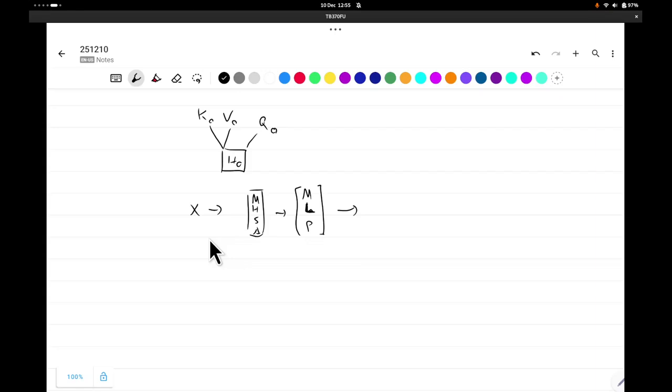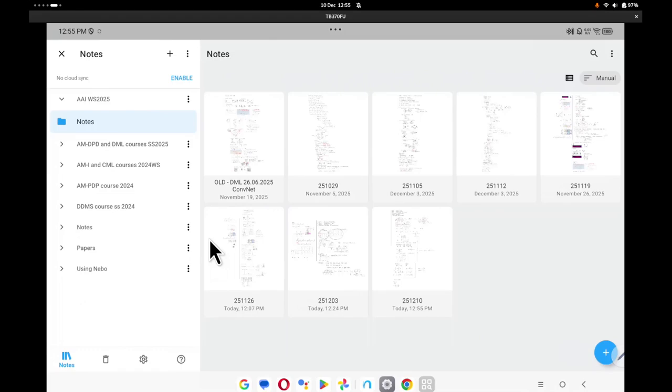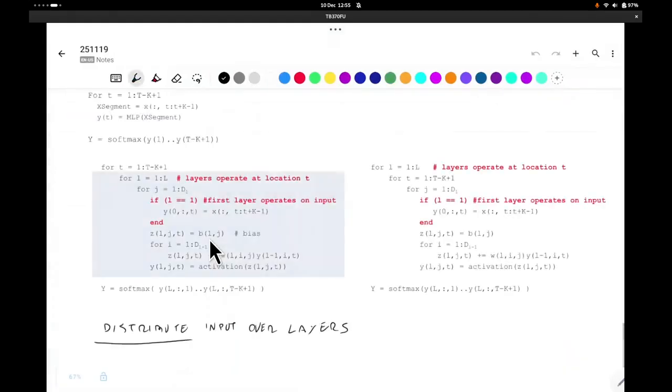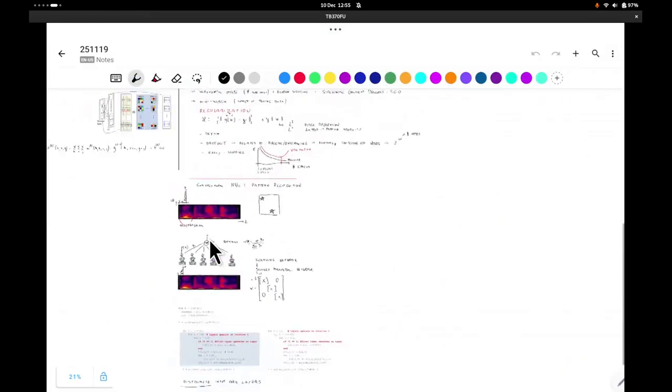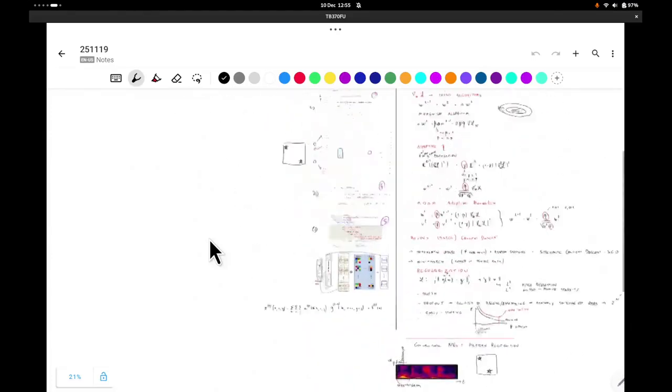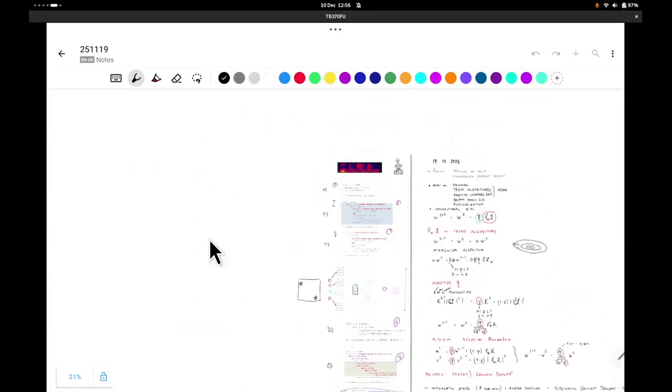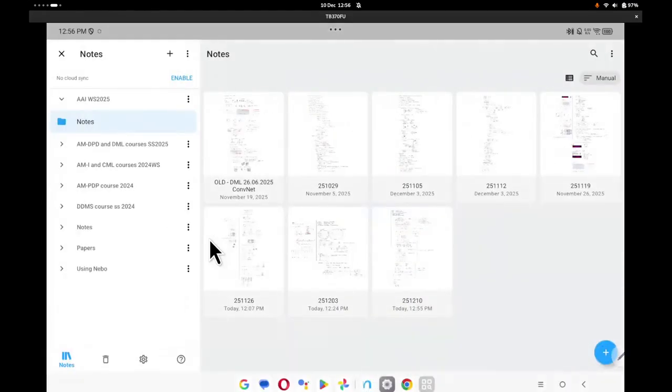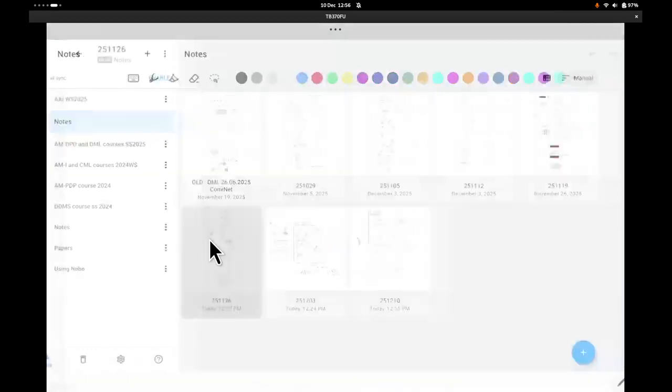And then okay, so then I want to basically, where did I have it? Oh, I lost my... So I had a sketch of the transformer somewhere.